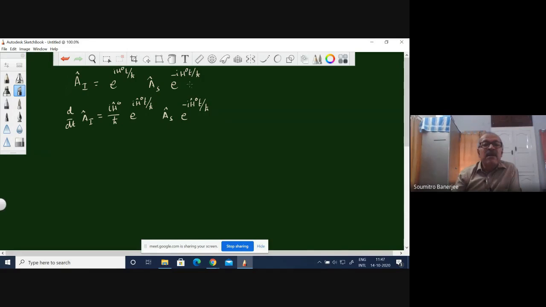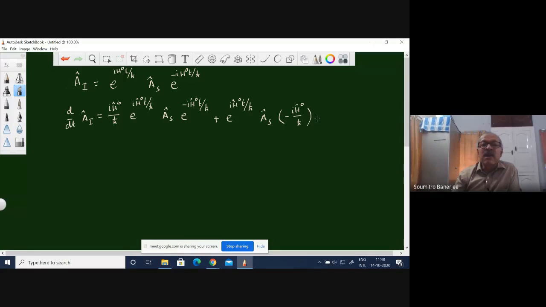Second term, I will differentiate this. So plus, the other terms remain the same. e to the power i H naught t by h cross, A_S remains the same. Now I have to bring out minus i H by h cross.